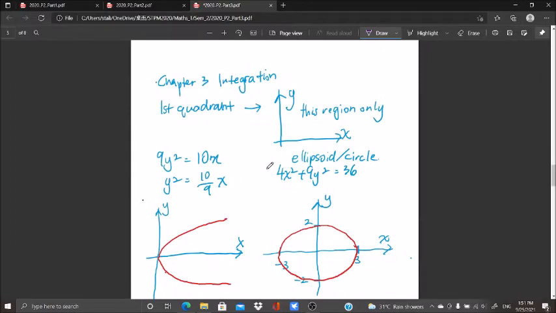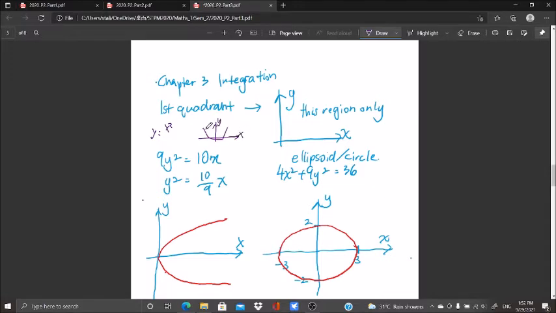First, we know that 9y squared equals 10x is actually a quadratic curve, because y squared occurs. Quadratic curve based on the y-axis. Because if we have y equals x squared, we will have this shape. Looks familiar, is it?